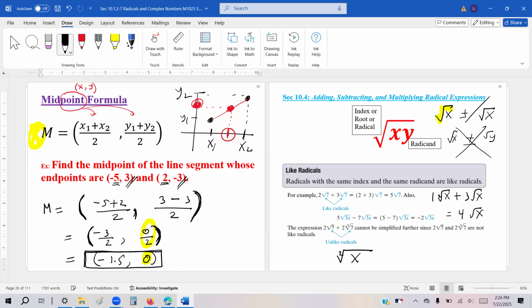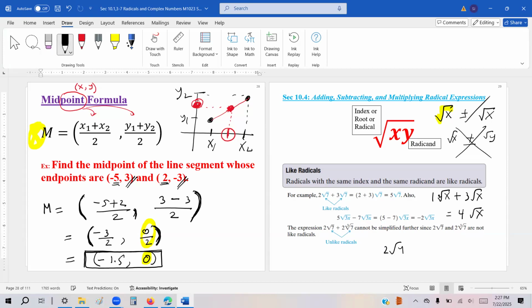This 1 here is invisible. But I'm talking about the coefficient. I mean, how many of them do you have? 1. So you add or subtract the coefficient, not the root. You leave the root and the inside the same. Just add or subtract the coefficients. So if you have the same thing, you see how many you have, you just count how many and then add or subtract.